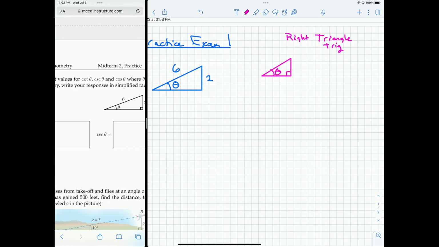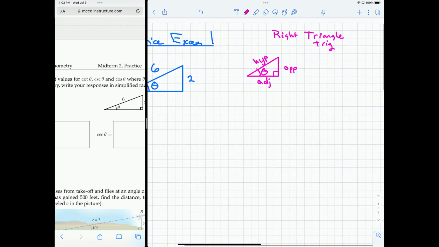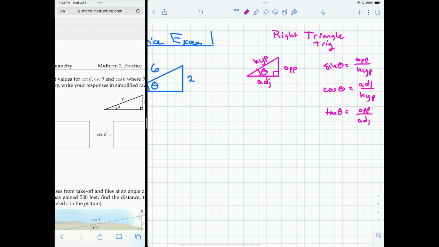And then the other 3 sides are called the opposite side, the adjacent side, and the hypotenuse. And when we have them labeled this way, we know that sine theta is opposite over hypotenuse. Cosine theta is the adjacent side over the hypotenuse. The tangent of theta is the opposite over adjacent.